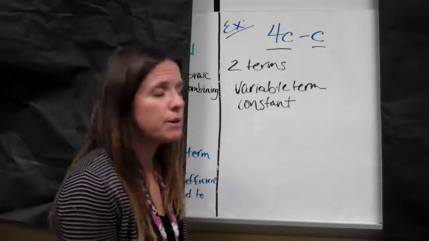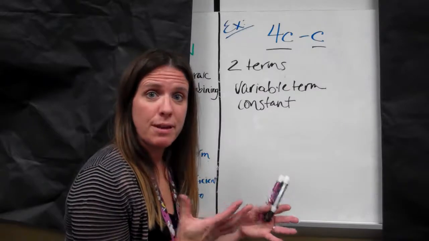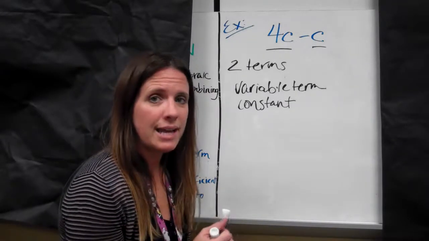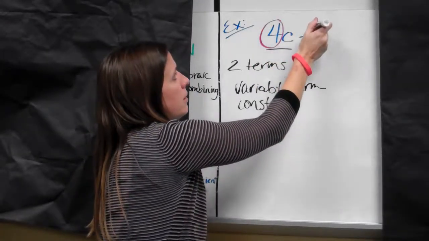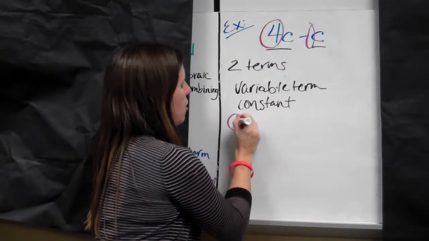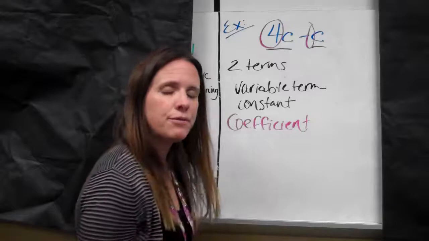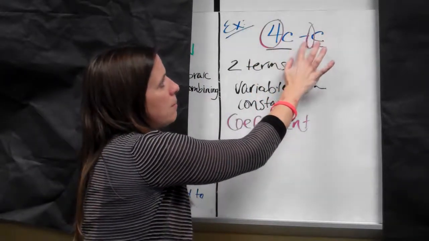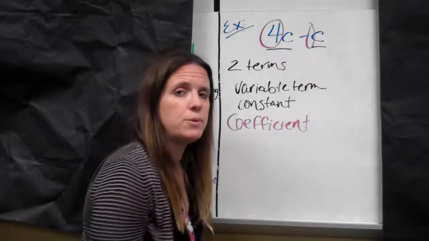Now, what did we learn about combining like terms? We have to look at the parts of them. And since these are variable terms, there's something in front of the variable. Do you remember what that's called? Also starts with a c. It's not constant, but it's called a coefficient. And that coefficient tells us how many of those variables there are. So we have 4c, 4c's, minus c. Now, in front of this c, there isn't a coefficient. But what do we assume it to be?